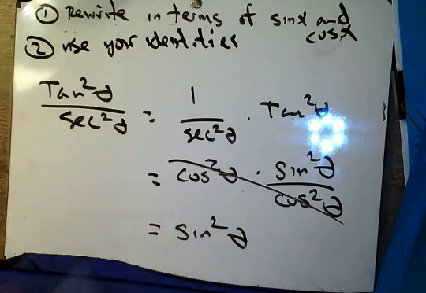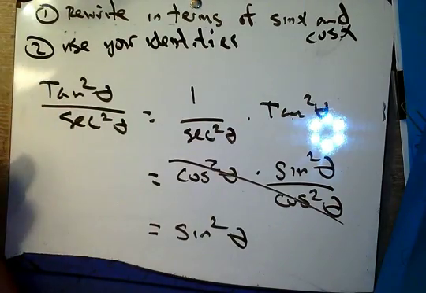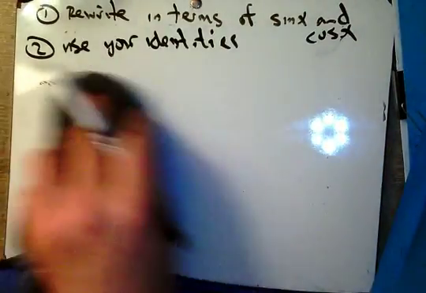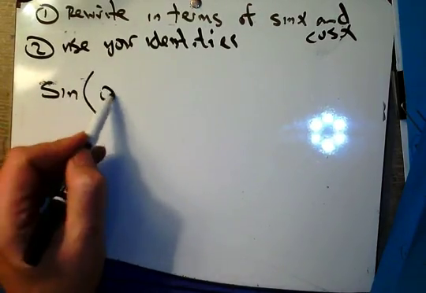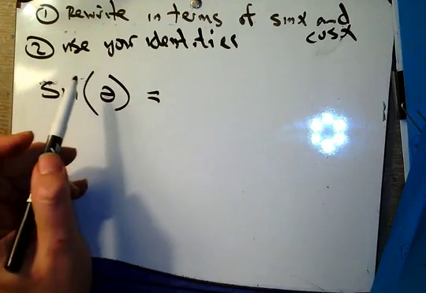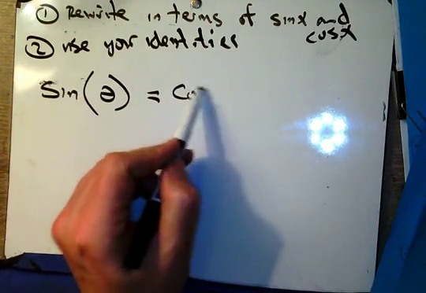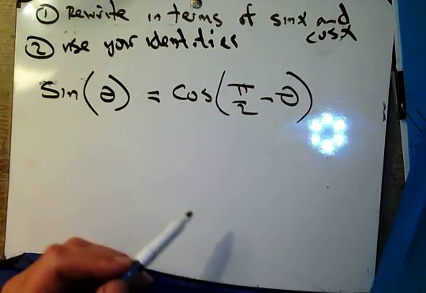Okay, so we've got a bunch of examples here of using these 2 strategies. There are some co-function identities. We talked about these briefly. I know that sine of theta is the same as cosine of pi over 2 minus theta.